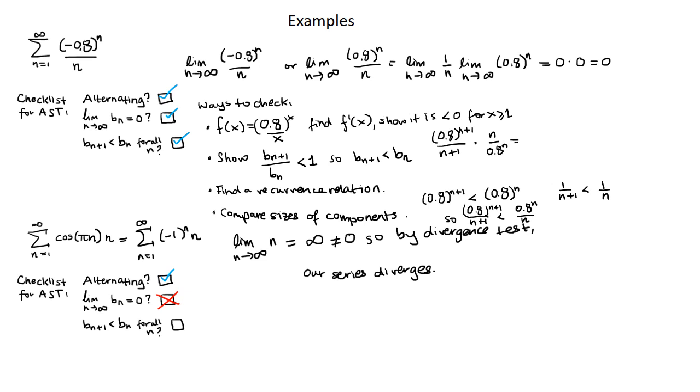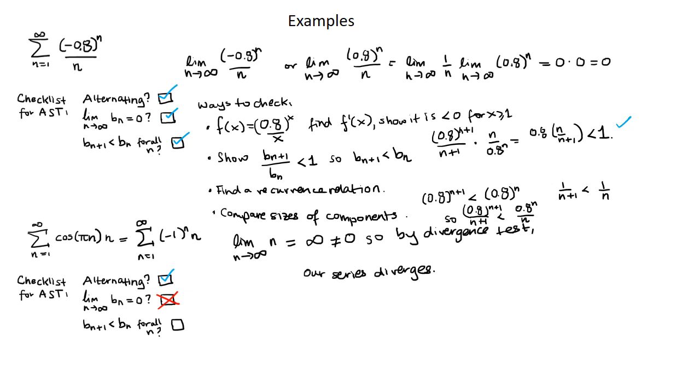We can simplify this, and we get 0.8 times n over n plus 1. Both of the terms in this product are less than 1, so the product is less than 1. Okay. So this is another way of checking that checkbox.